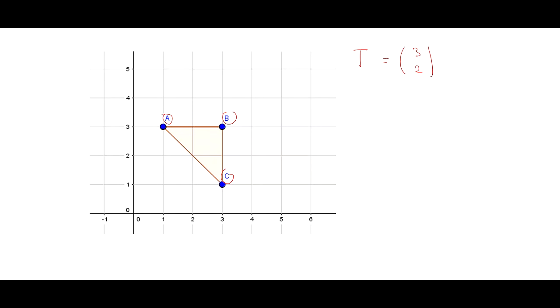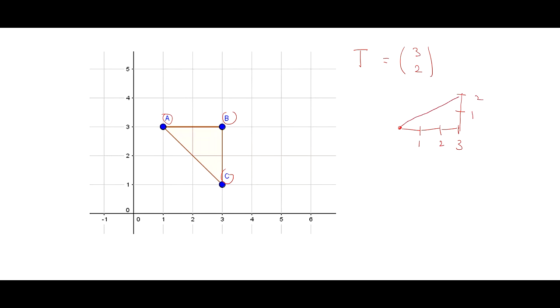It means that if we have a point here, the 3 means we're going to move 1, 2, 3 units to the right because it's positive, and we're going to move 1, 2 units upwards.